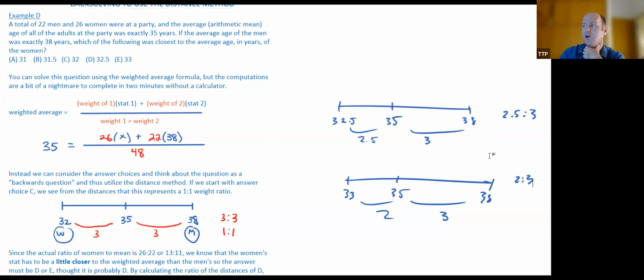Okay. So you guys all can see here that the 2.5 to 3 is much closer to the 11 to 13. In fact, if you multiply this by 4, this comes out to 10 to 12. That's very close to 11 to 13. If you multiply the other by 4, it would be 8 to 12. That's very far away from 11 to 13. Okay, so the answer is D.